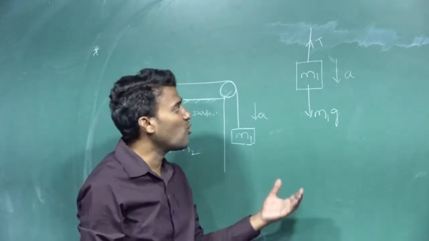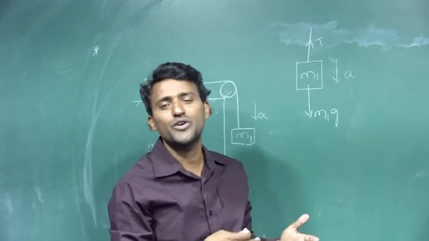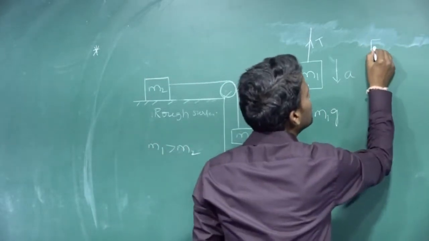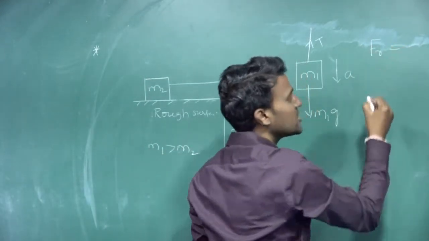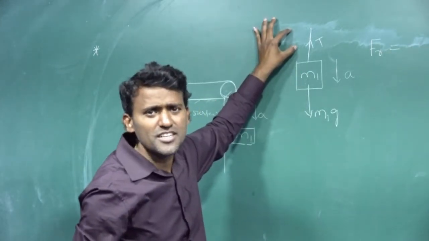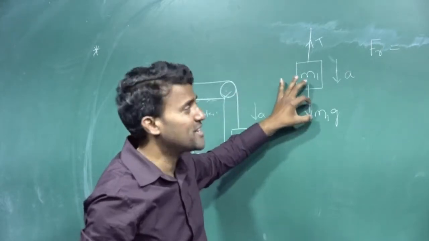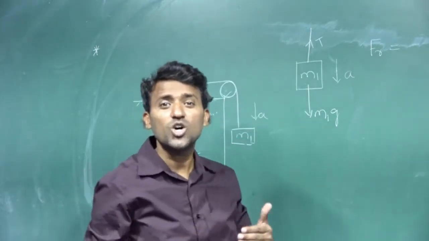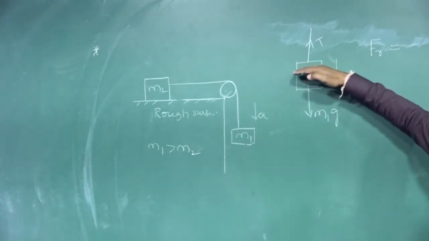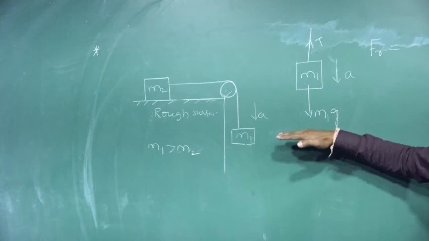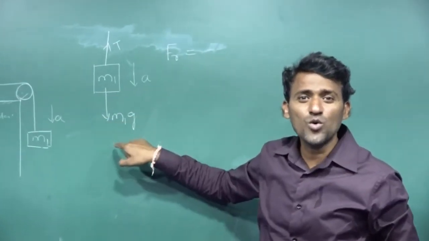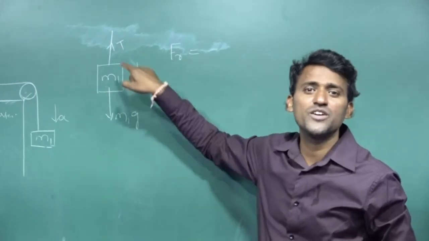Now we are writing what is the resultant. We have to write one equation, the unbalanced force equation. Now resultant force is equal to downward force minus upward force. Why do we write downward force minus upward force? Because the object is moving downward, the downward force is greater than the upward force.